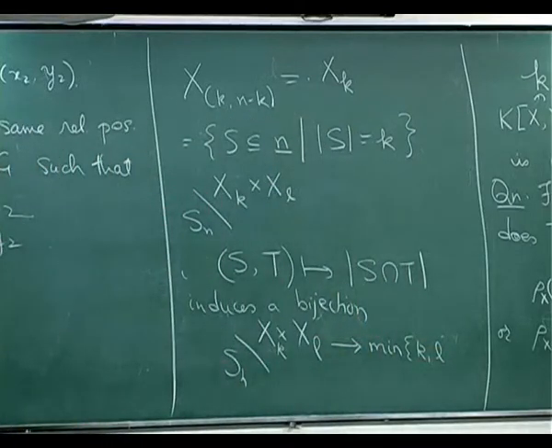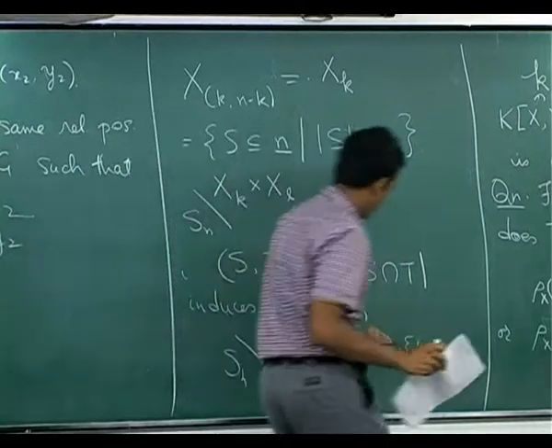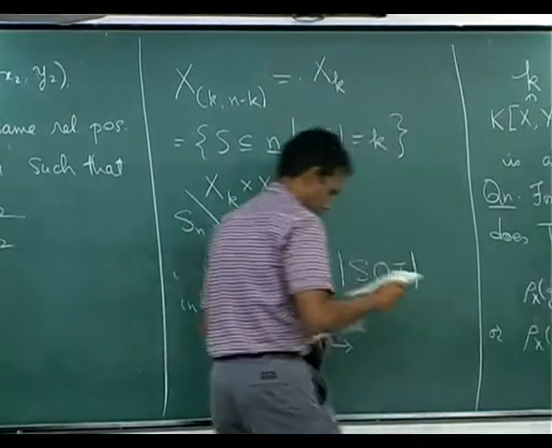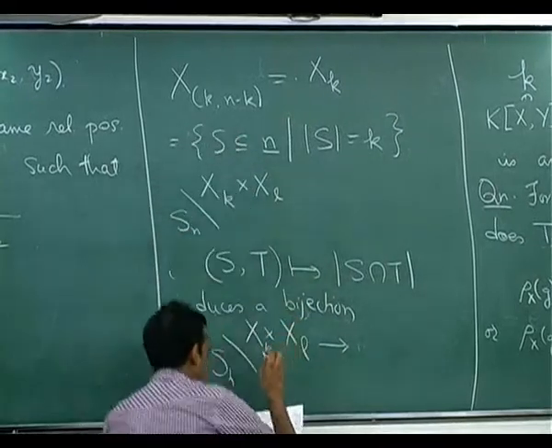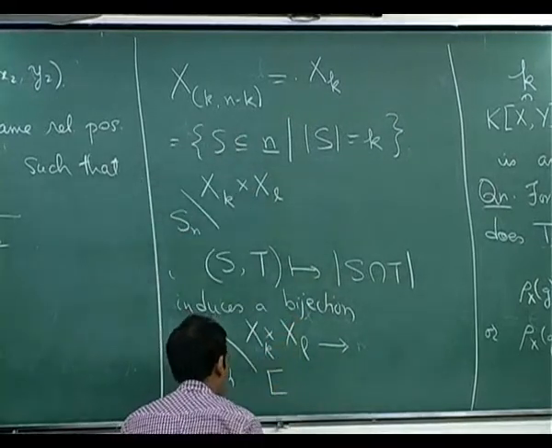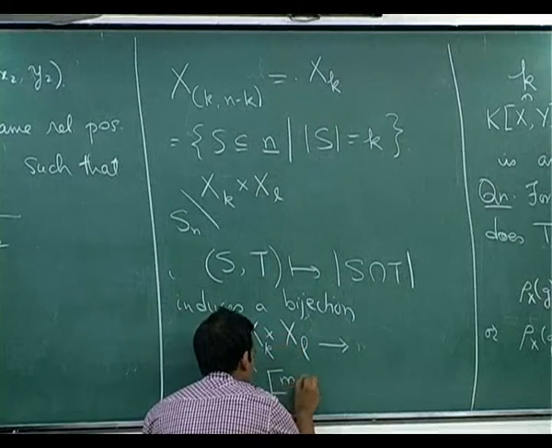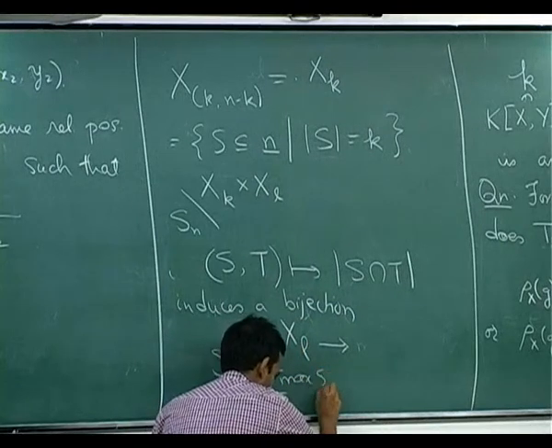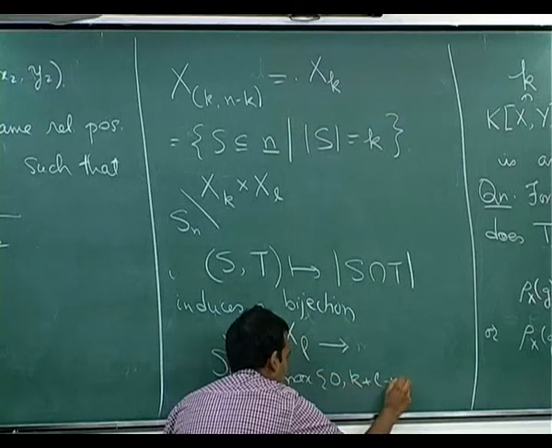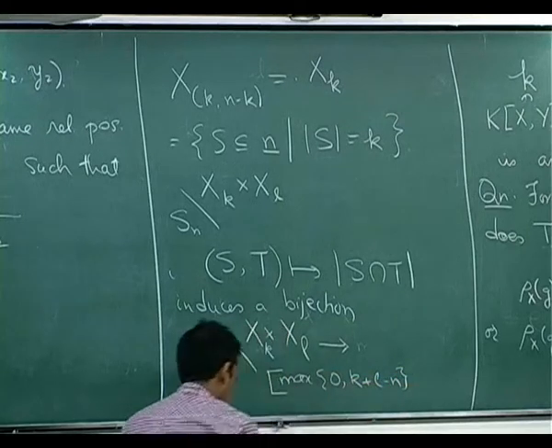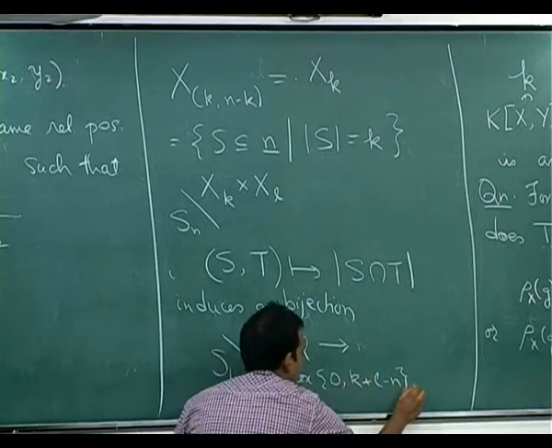The smallest value it can take is, so I'll write it as an interval, but I mean only the integer points in this interval. Max of 0, k plus L minus n, to min kL.